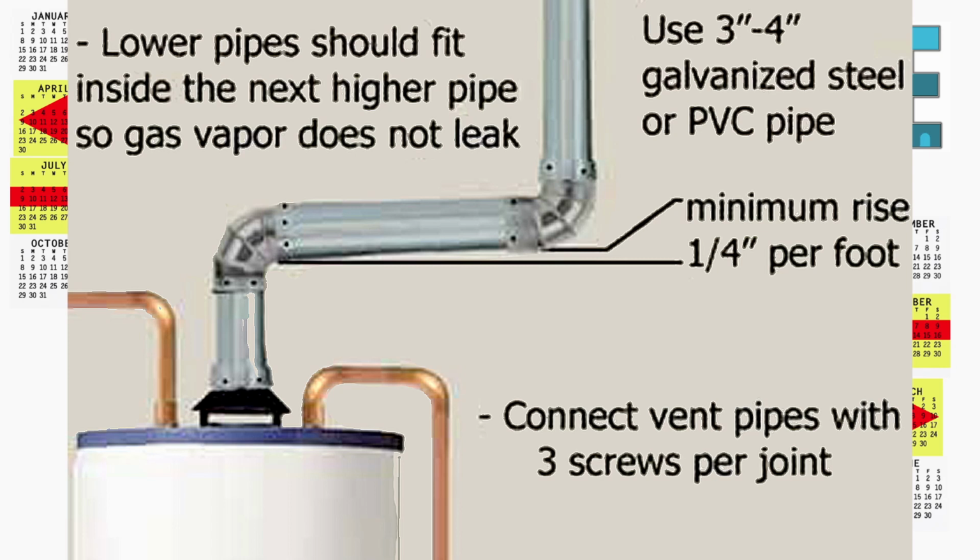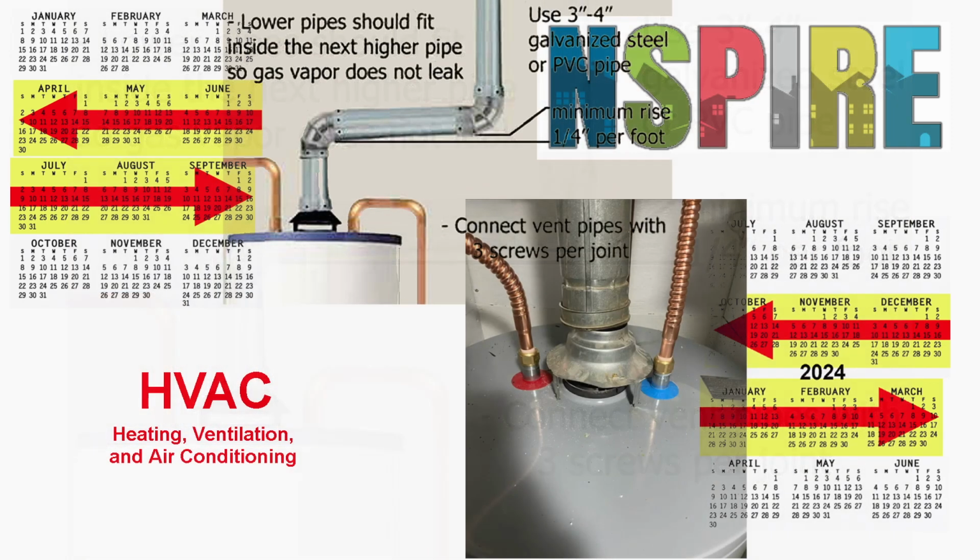And it's okay to tape over that, but they shouldn't be taped without being screwed if it's single wall pipe. If it's B-vent that snaps together, then you wouldn't need to use screws. I don't know if they intend for us to look for screws, but they have said metal tape is not a substitute for properly connected flue vents. That kind of leaves it open as to what we're going to be looking for there.